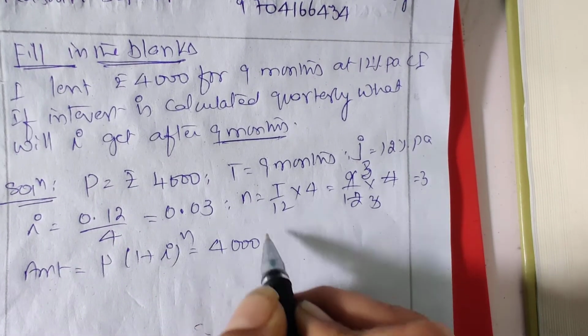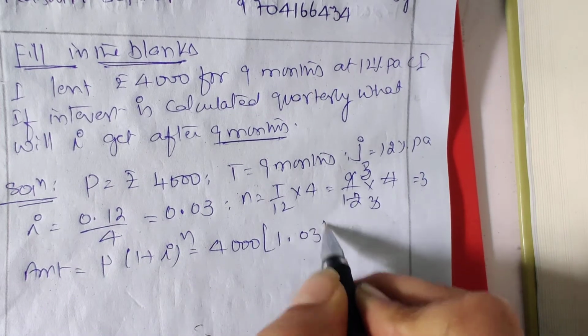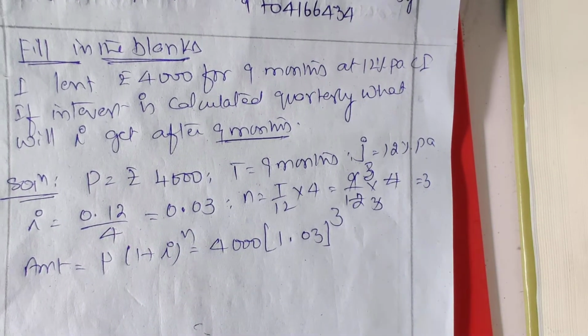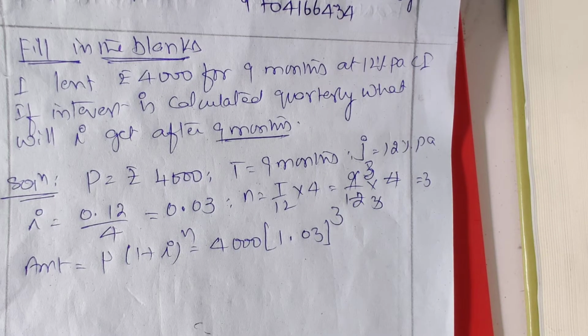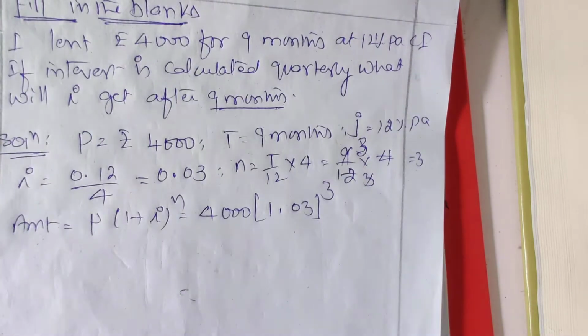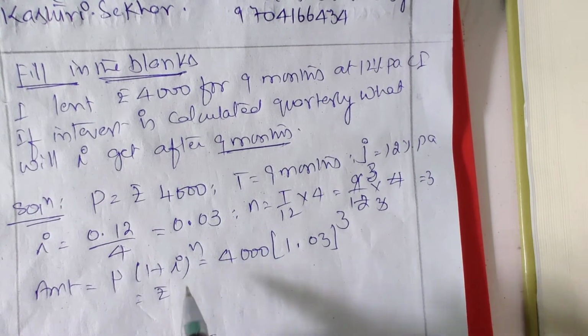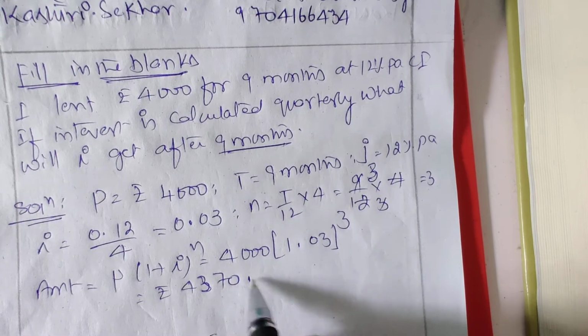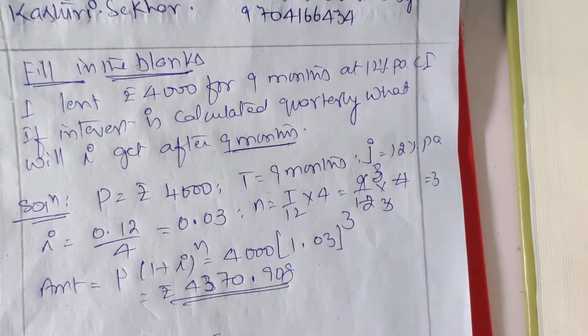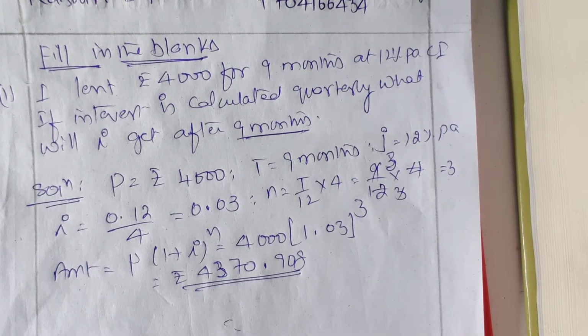So this is 4,000 into 1.03 whole to the power of 3. 1.03 cubed multiplied with 4,000 is 4370.91, equal to rupees 4370.908. This is the amount the person will get after 9 months.